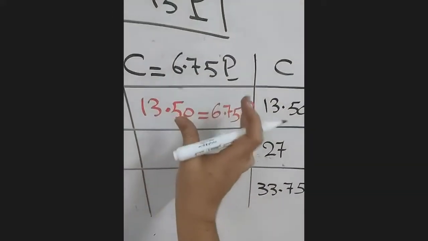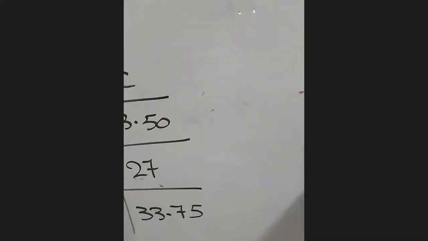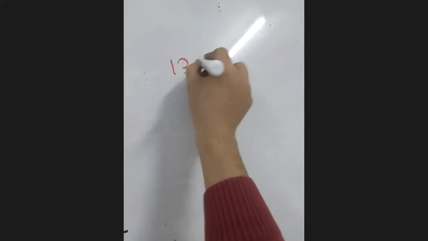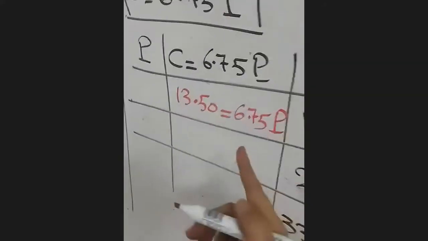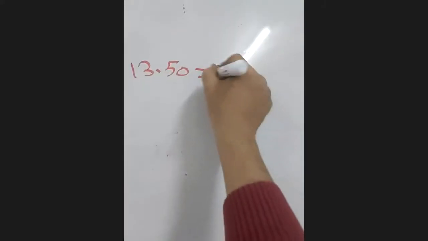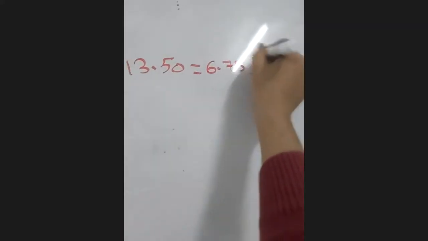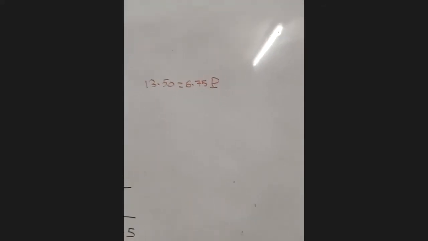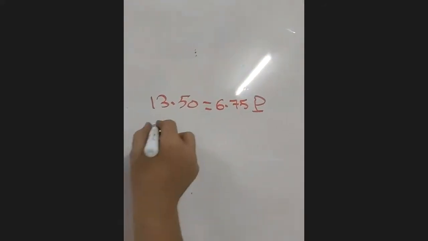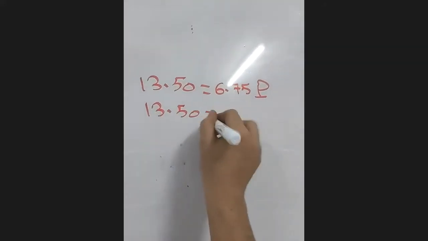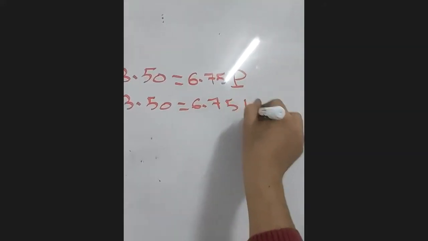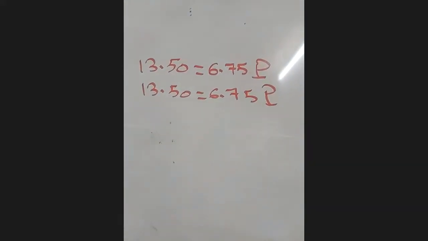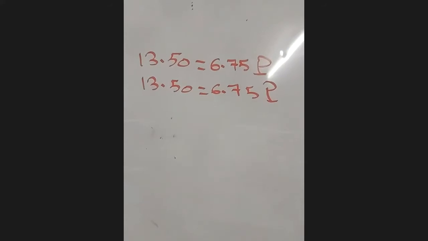So take this equation out of the table, and I will write it here: 13.50 equals 6.75p. How will we solve this equation? We will divide 6.75 from both sides. Excellent. I'm using the strategy of solving equations which we did in chapter 6.